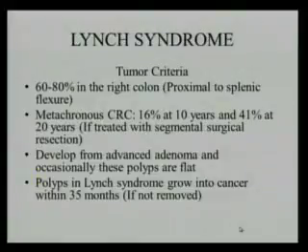Most of the time, the cancer develops from an advanced adenoma. Occasionally, the adenoma is flat. They have a special criterion: the polyps tend to grow faster with Lynch syndrome compared to sporadic colorectal cancer. It can grow from an adenoma to a colon cancer within 35 months.